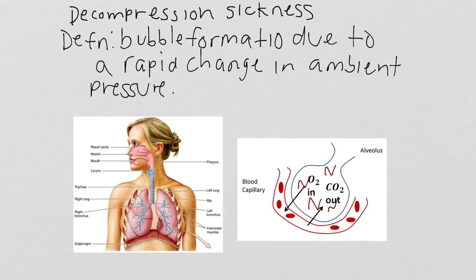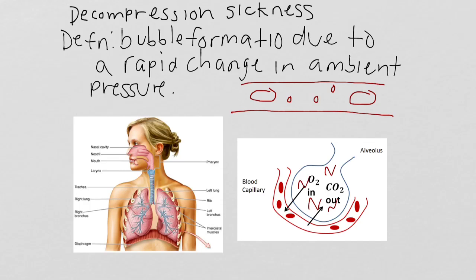Now it's important to mention that a small amount of nitrogen does diffuse into the blood. It doesn't attach to the red blood cell. It's in our plasma. Let me draw an example of that right now. So here's an example of a capillary or any blood vessel that you want to imagine.